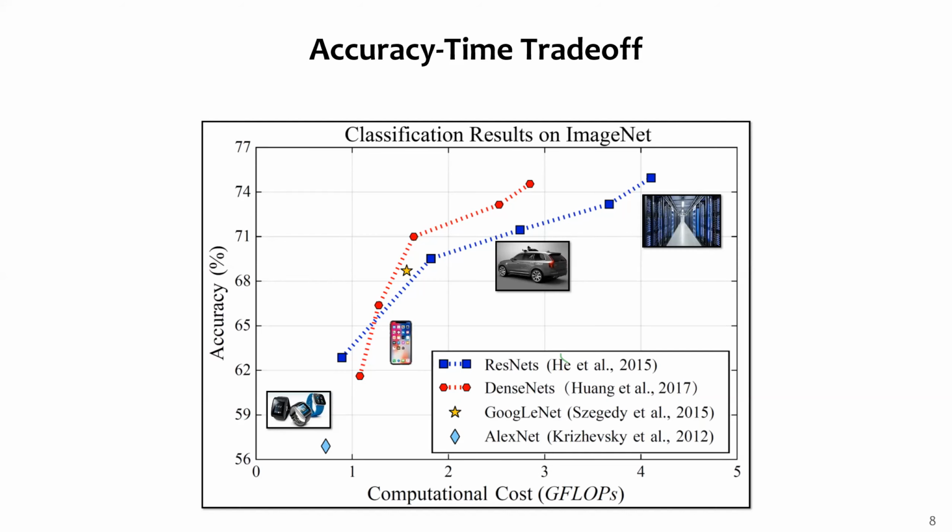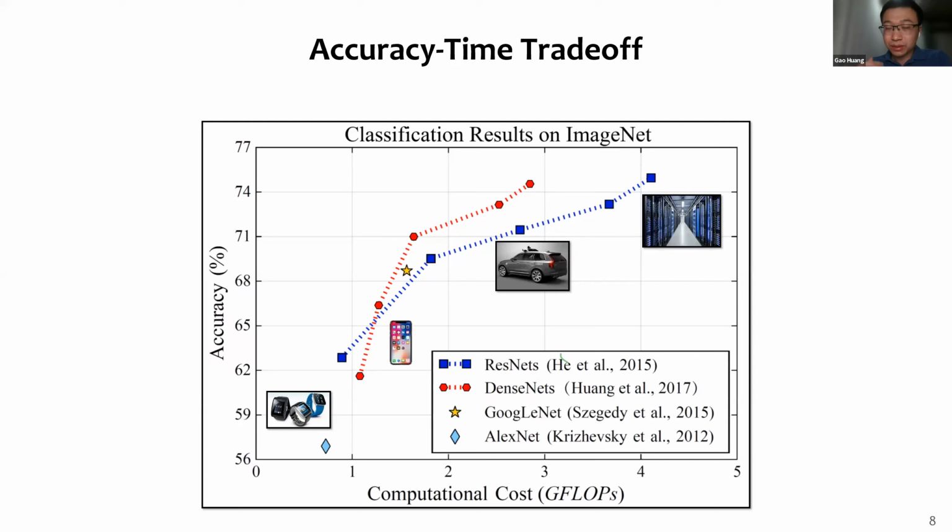And we can see a clear trend that larger models are doing better than smaller models, right? When we move towards the right, that means if we spend more computational cost, then we will have a higher performing model.